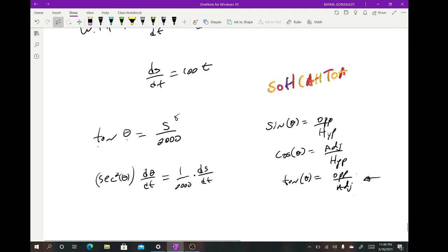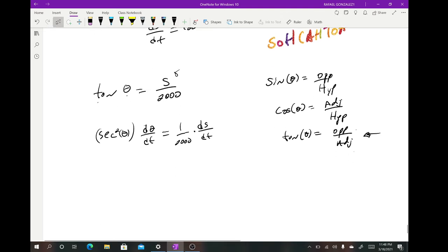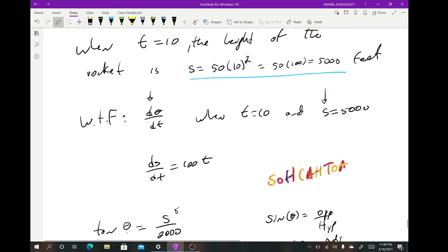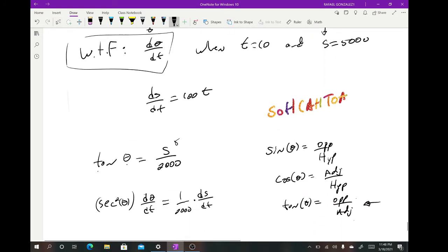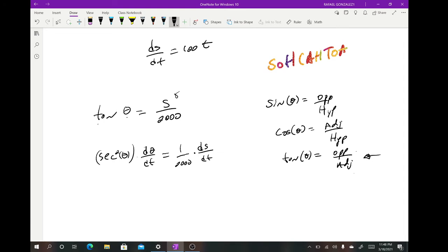Okay? Remember, what are we looking for? We are looking for d theta dt. That's what we want to find. So right here we have d theta dt times secant squared theta. So what I can do is divide both sides by secant squared theta. Instead, I'm going to do something which essentially is the same thing: I'm going to multiply both sides by 1 over secant squared theta.